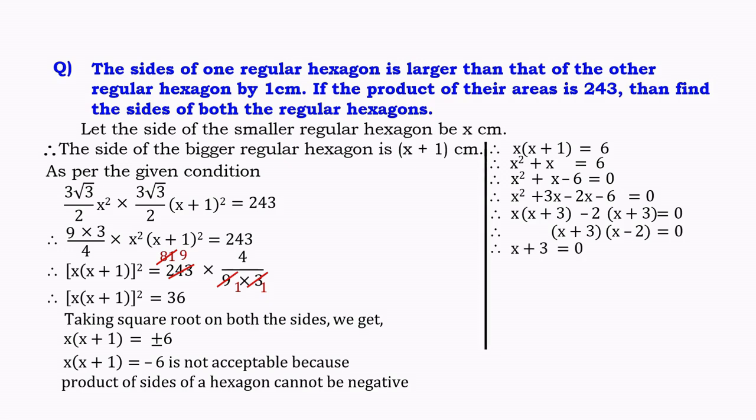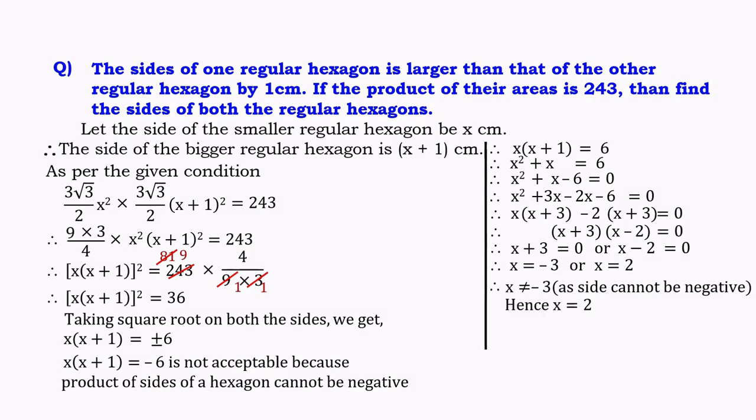Therefore, x plus 3 equals 0, or x minus 2 equals 0. So, x equals minus 3 or x equals 2. Since the side length of a hexagon cannot be negative, we reject minus 3. Hence, x equals 2.